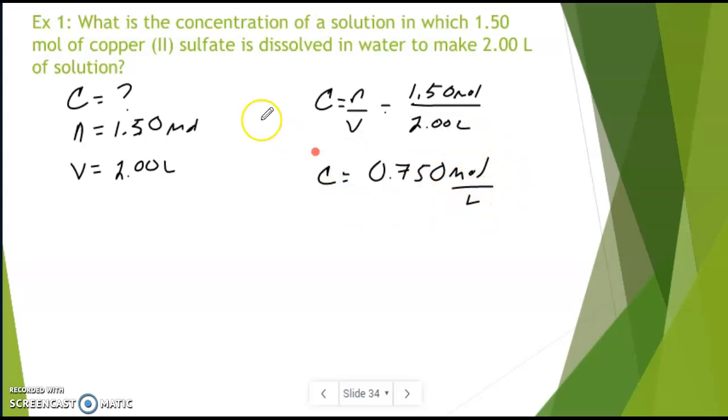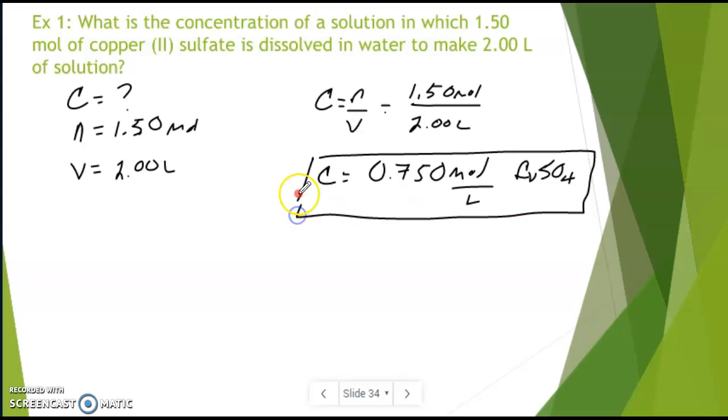We have to specify our substance, which is copper(II) sulfate. And there's our calculation for concentration. Pretty straightforward. That's just a one-step concentration calculation.